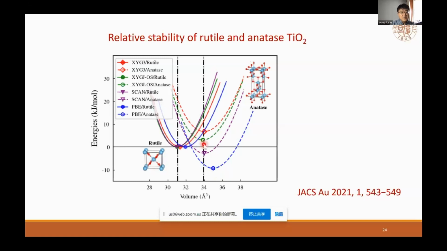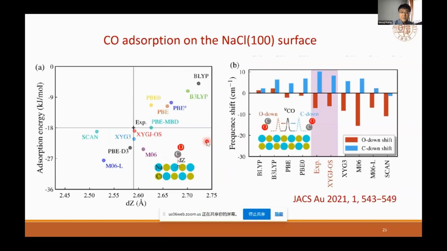So here are our results for XYG-OS, which correctly predicts rutile is more stable than anatase, and the predicted volumes are also in very good agreement with the experimental results.